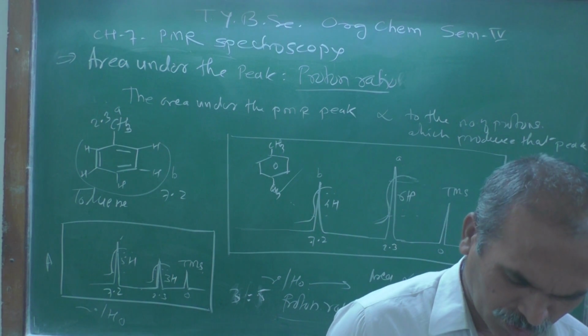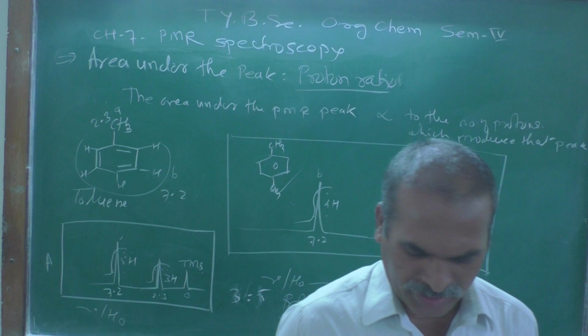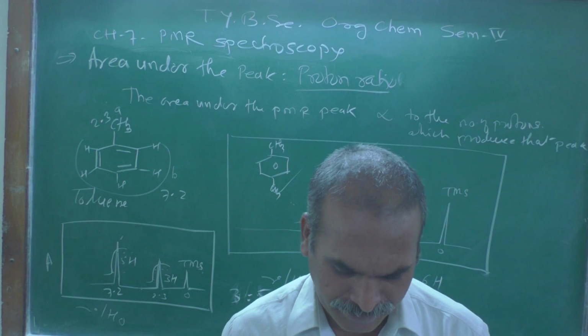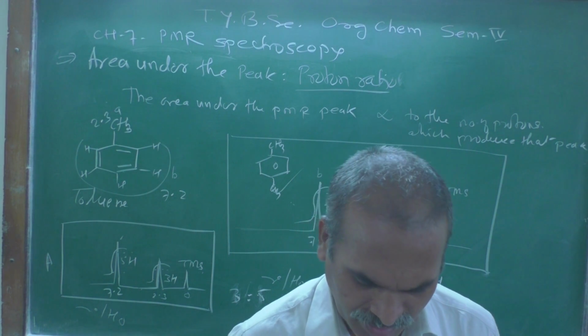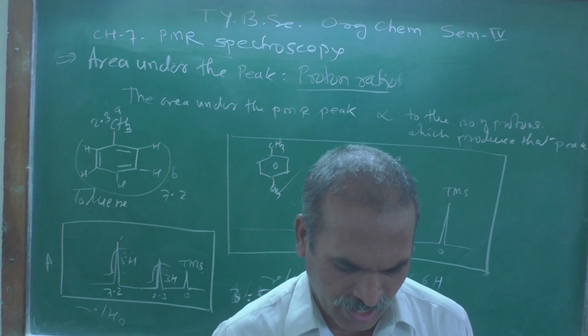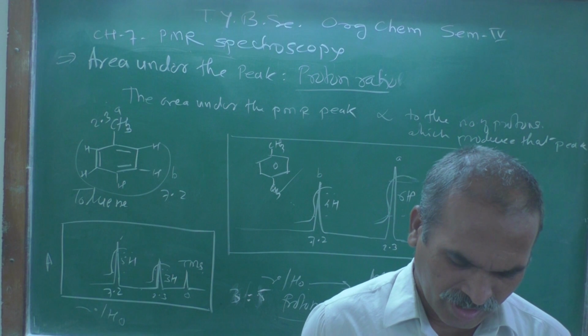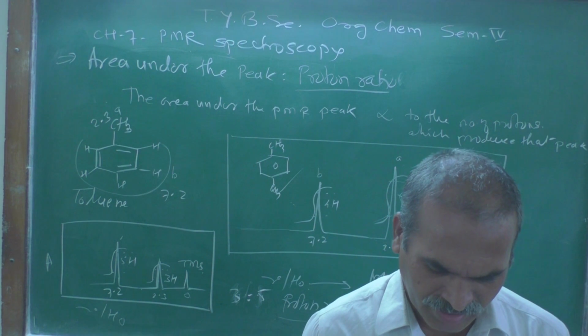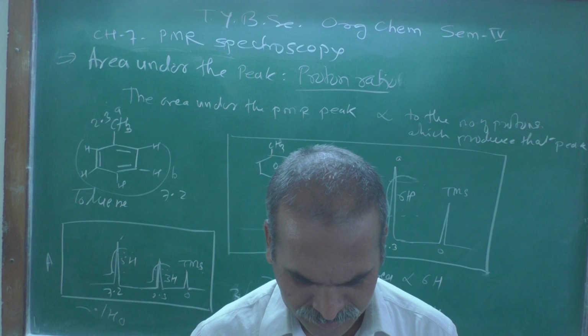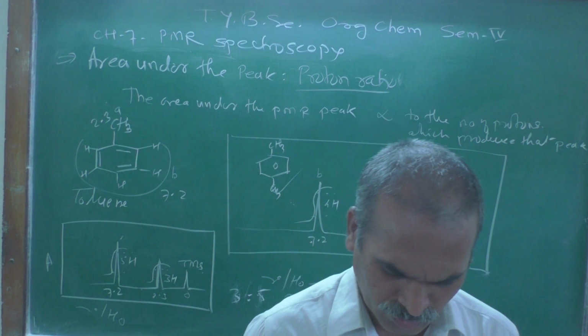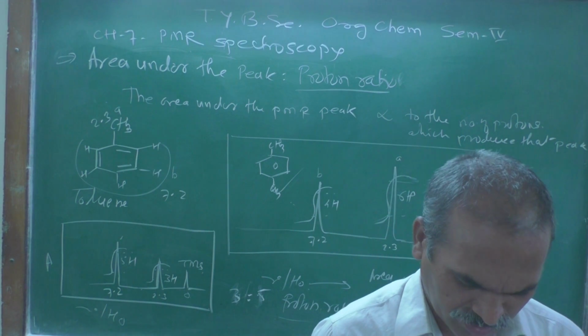The PMR spectrum of toluene shows 2 peaks. Peak A at high field is due to 3 hydrogens of the methyl group and peak B at low field is due to 5 aromatic hydrogens.